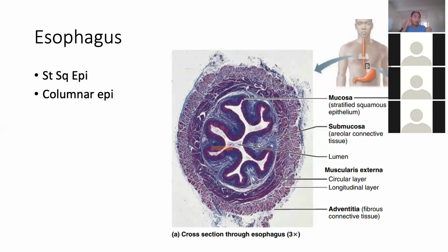And at which vertebral level does the esophagus perforate the diaphragm? We said it is VOA 8, 10, 12. V means vena cava, inferior vena cava. O for esophagus. A for aorta. VOA 8, 10, 12.